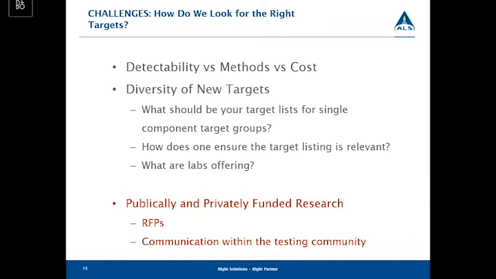Now, how do you do that, and how do you look for the right thing? I would like to see over time a little bit more coordination between government agencies championing the initial research and the labs, because when it comes to publication of RFPs on what programs are being done, there's not much in the way of discussion on what the new emerging ones are, what you would like to see, and so there's not good coordination between the labs and what target lists and what we really need to be monitoring.